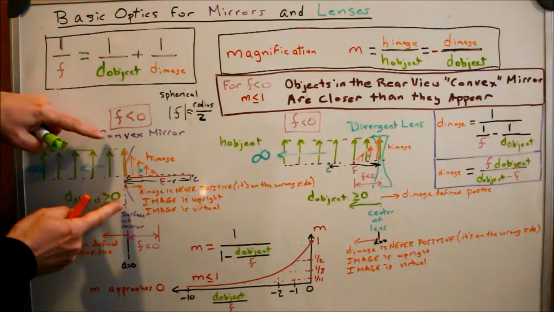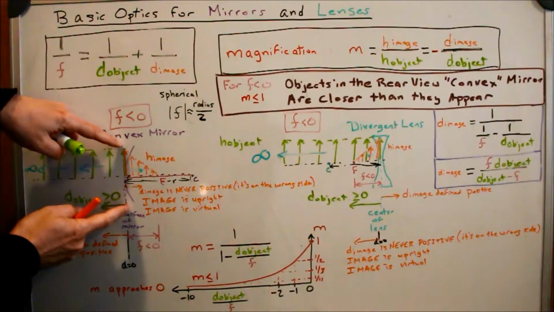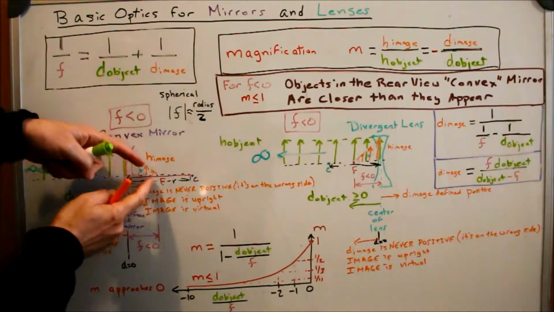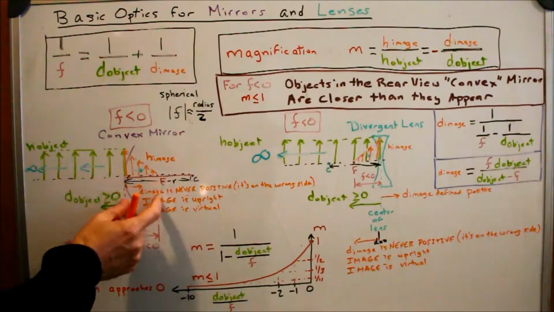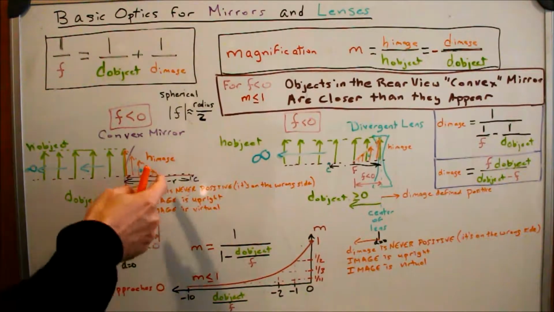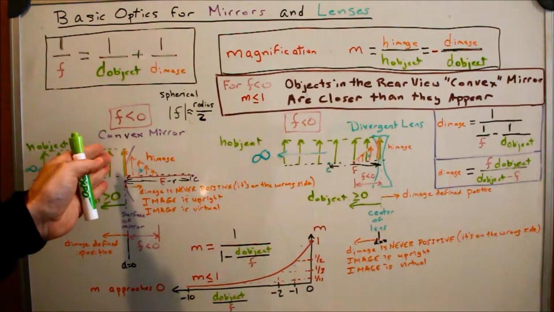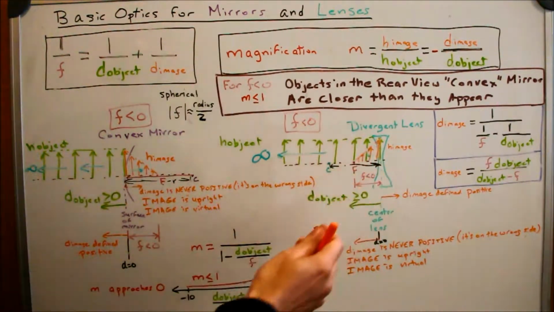Again, rays are going to be parallel to each other coming in here, and then they would appear to be redirected to the focal point, which is at a focal length, a minus value, away from the surface of the mirror or the center line of the lens.